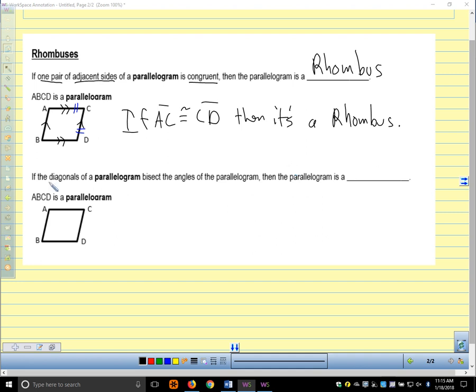Next one. If the diagonals of our parallelogram bisect the angles, then it's a rhombus. So we know it's a parallelogram. There are the diagonals. I'm going to mark our angles. The way we know that the diagonals bisect the angles is if those two are congruent. Well, that means these two would also be congruent, and those would be congruent.